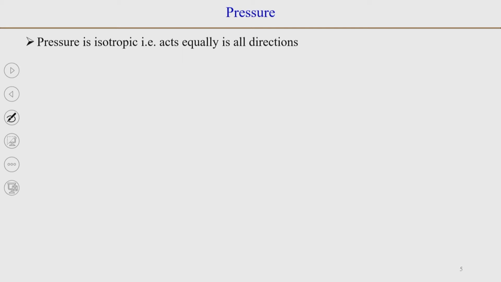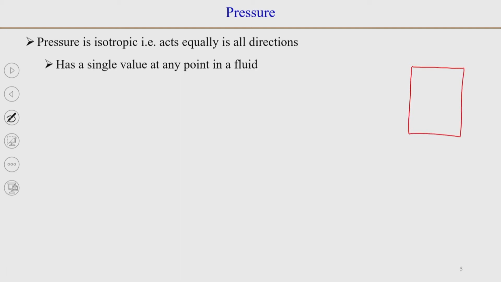Another property of pressure is that it is isotropic. That means that if you take any point in a fluid, if we again draw the same image and take a point in a fluid, then you can have a number of surfaces that pass through this point. On each surface the pressure will act normal to this surface.